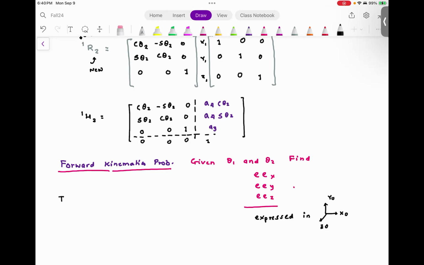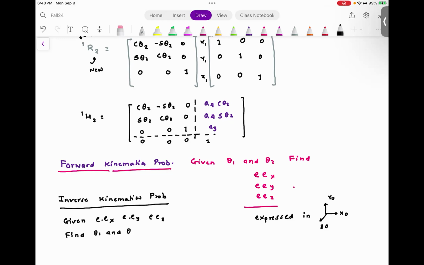Inverse kinematics problem is given end effector x position, end effector y position, end effector z position. Find theta 1 and theta 2. Are you with me so far?